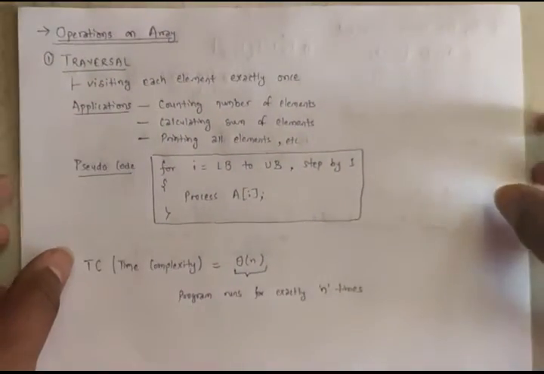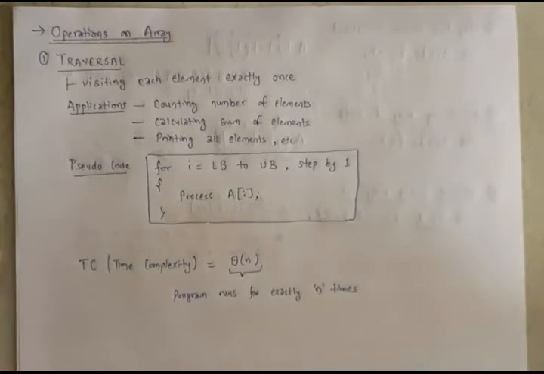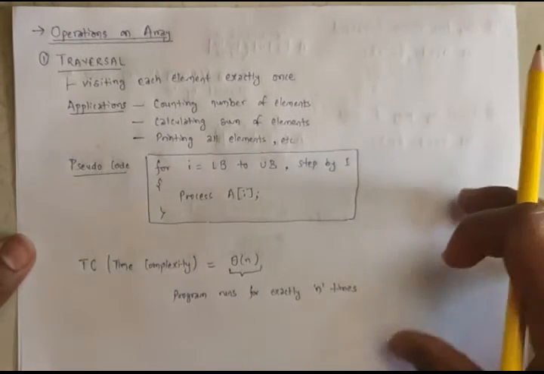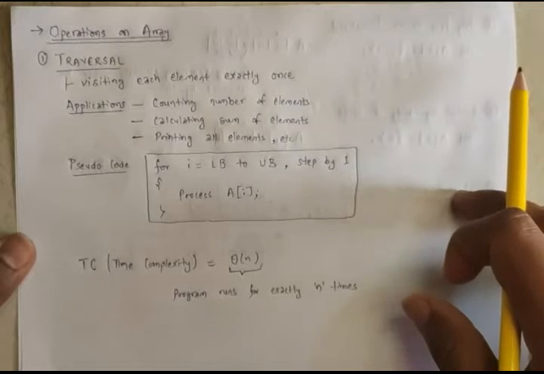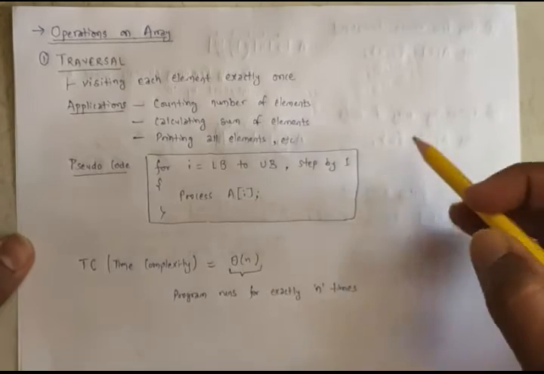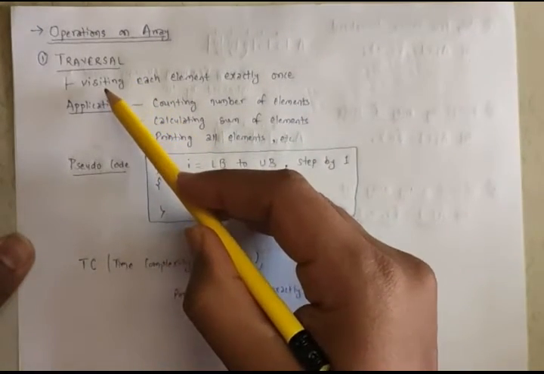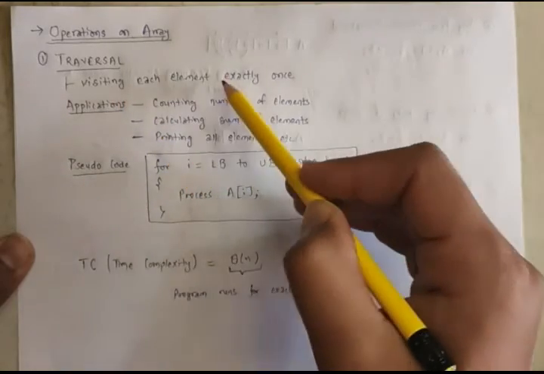Now we would start with the basic operations which can be done on an array. The first operation which is done on an array very frequently is traversal. What is traversal? It is basically visiting each element exactly once.